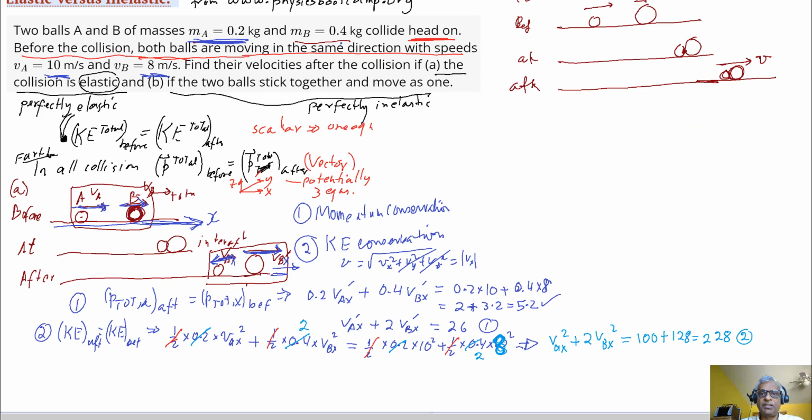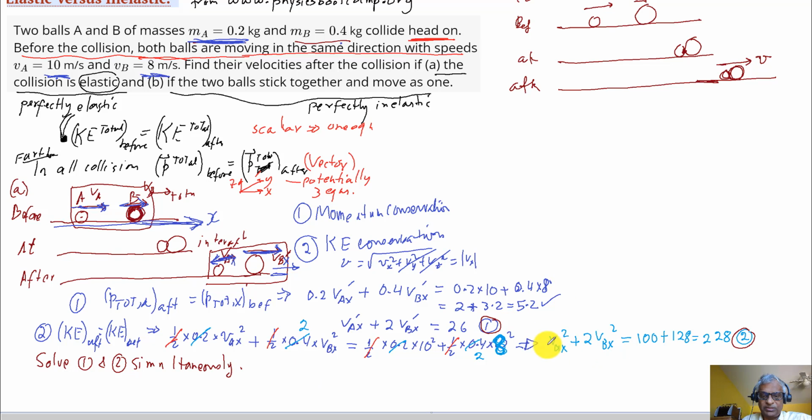So I've got these two equations, 1 and 2, and I need to solve them simultaneously. You can have several strategies.